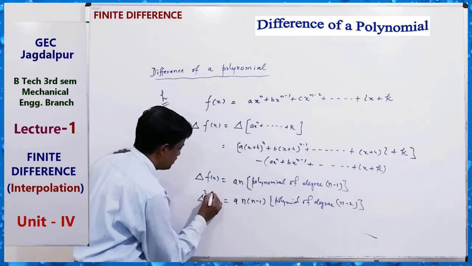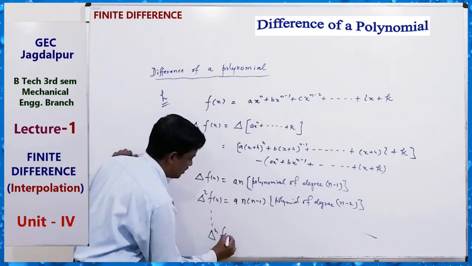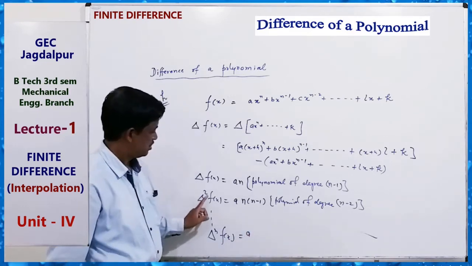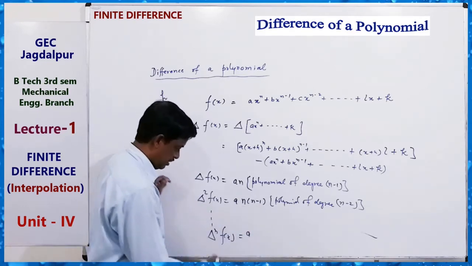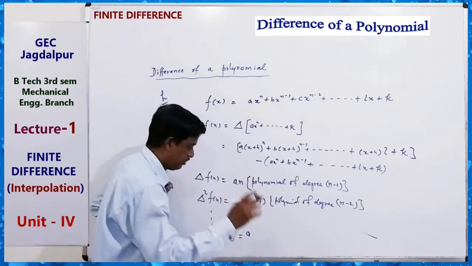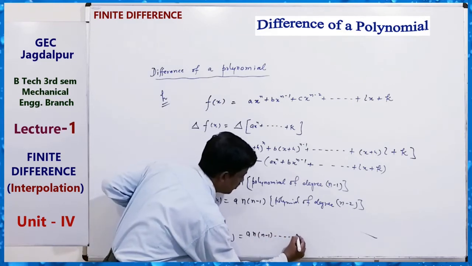Okay, second difference. Similarly, nth difference: then a, 2 times 1, n times n minus 1 means finish. So a n, n minus 1, up to 1.